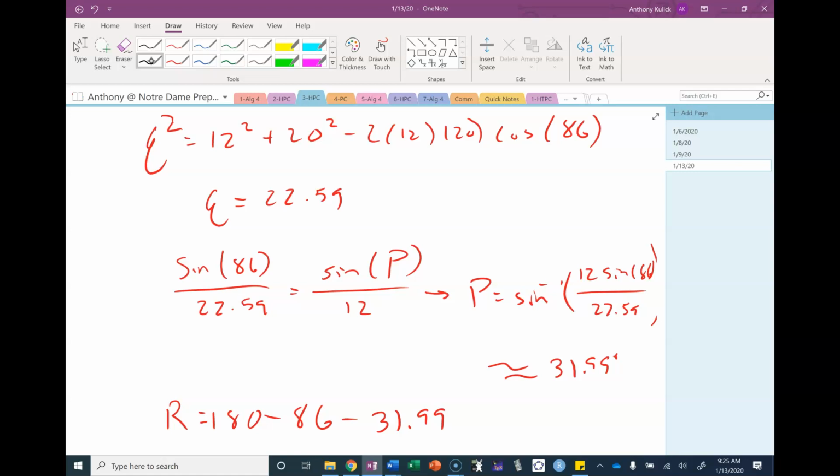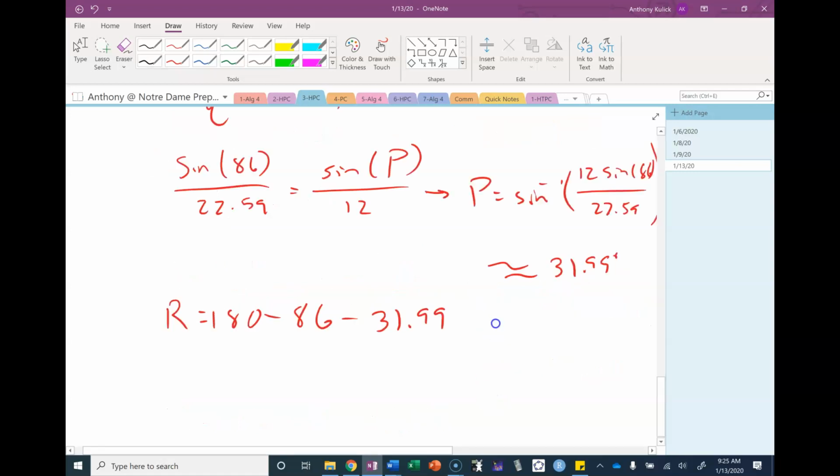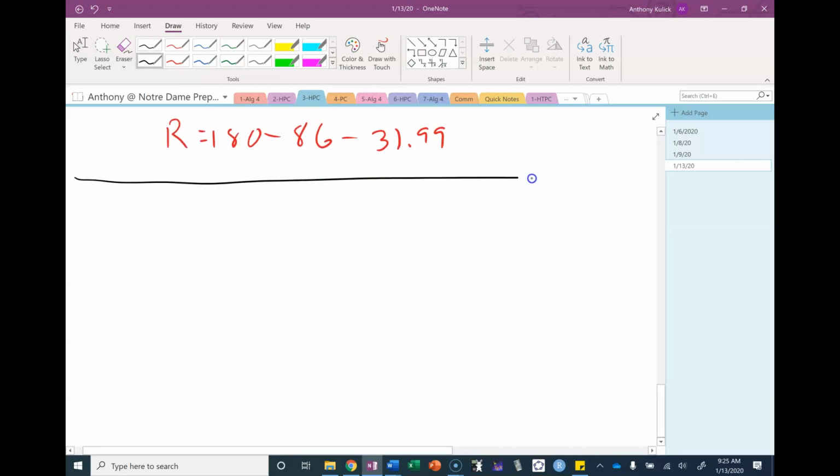On to the last section then, which is section 7.4, which is all about the area of triangles.